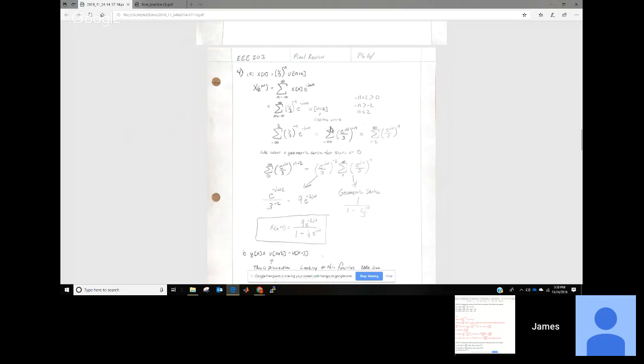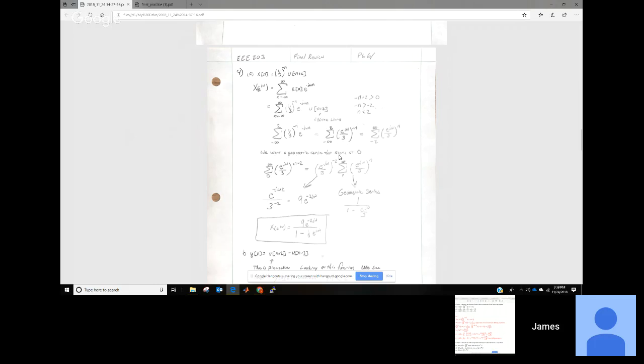All our values of n that were positive are now negative. So now our sum is going from negative 2 to infinity of e to the jw divided by 3, to the nth power.